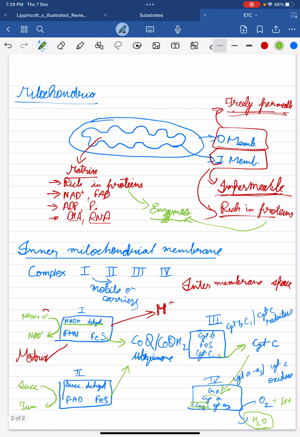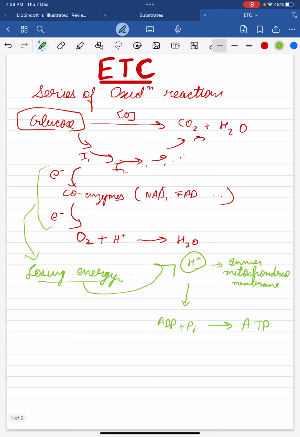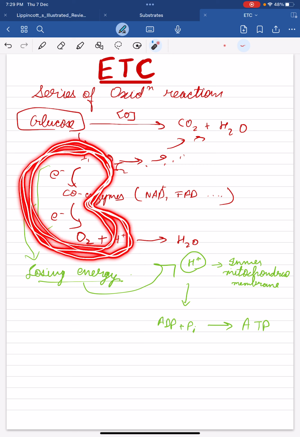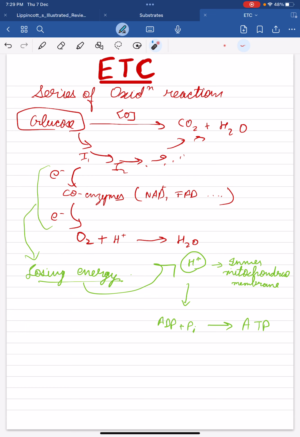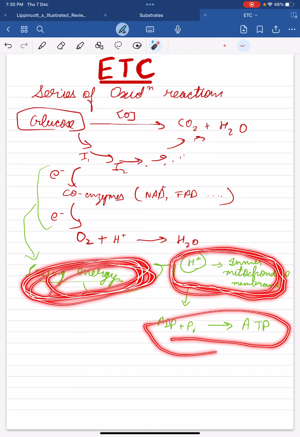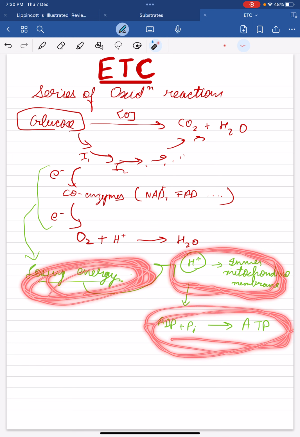So this covers this part of the process known as the electron transport chain. Now, how this lost energy is used for hydrogen transport, and conversion of ADP to ATP is a different topic.